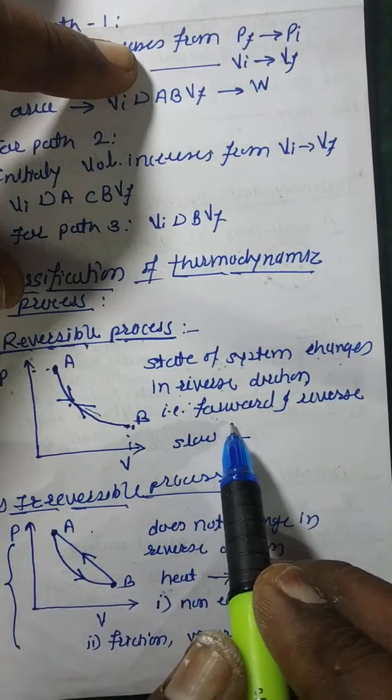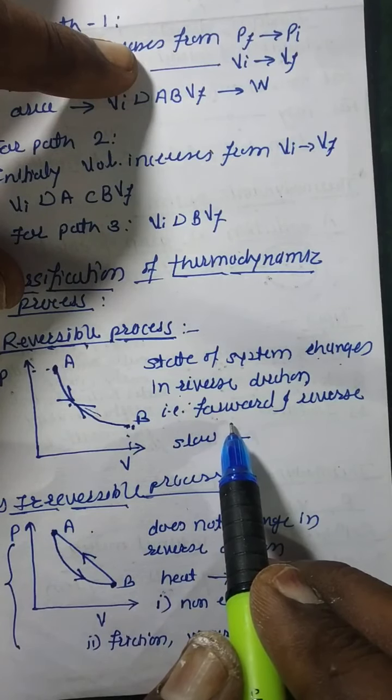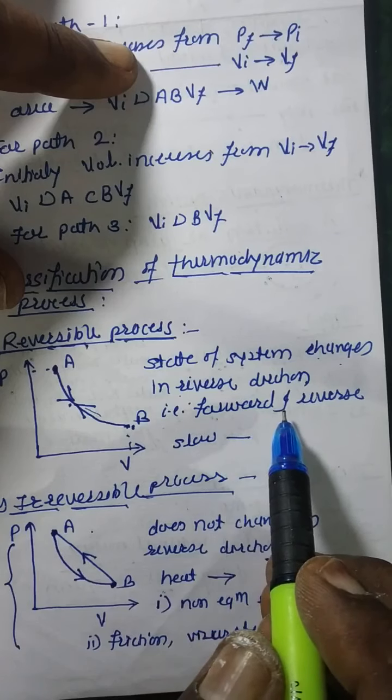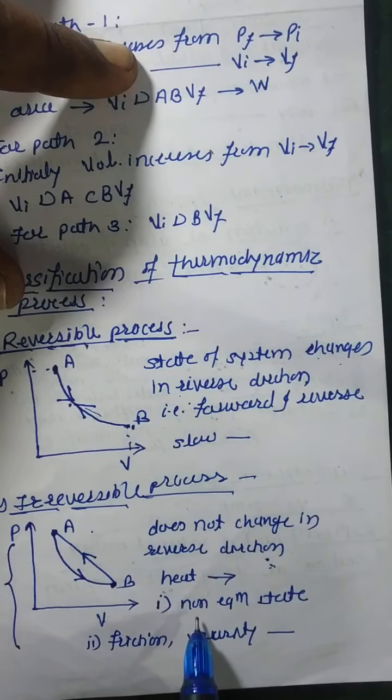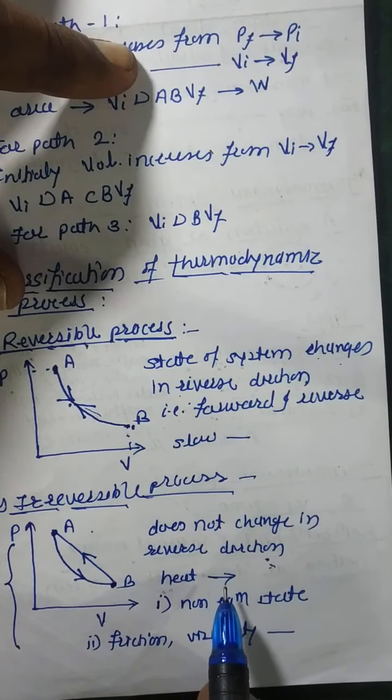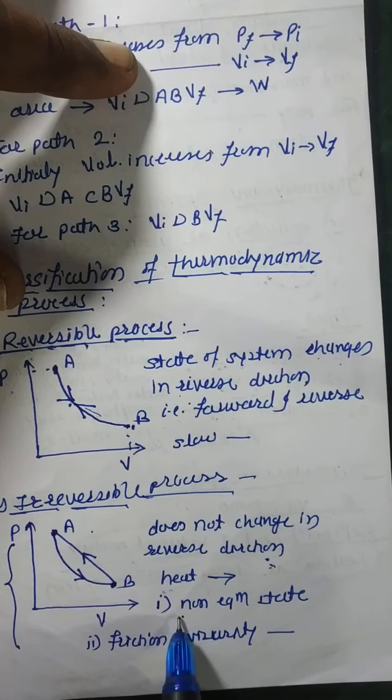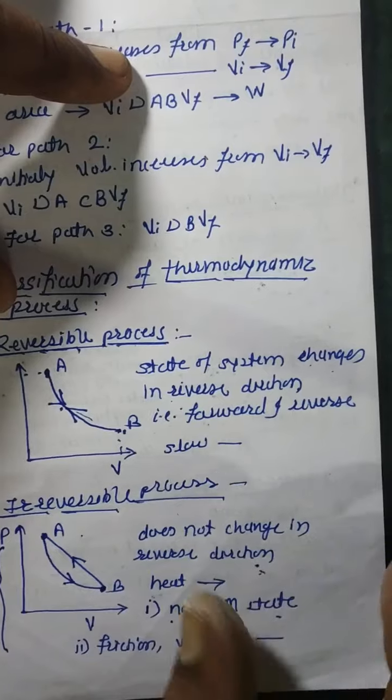In this case, there is no loss of heat and hence internal energy remains constant. But in this case, heat is lost by system and hence internal energy decreases. This decrease is due to non-equilibrium state, friction, viscosity or some other processes.